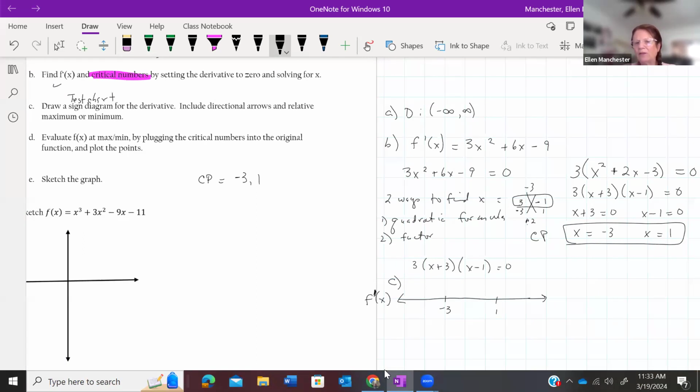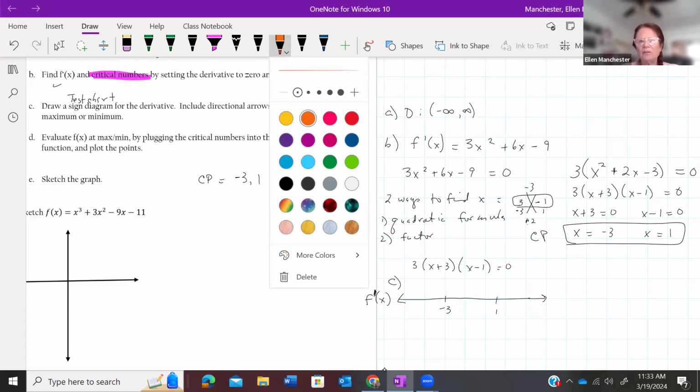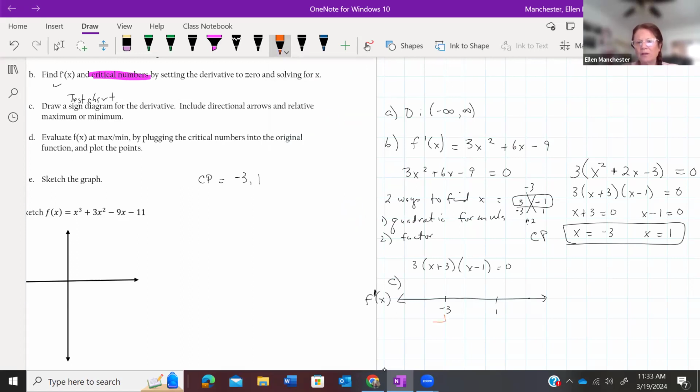All I care about is what is going on in this interval from negative 3 down. And then I want to find out what's going on between negative 3 and 1. And then I want to find out what's going on from 1 and bigger.